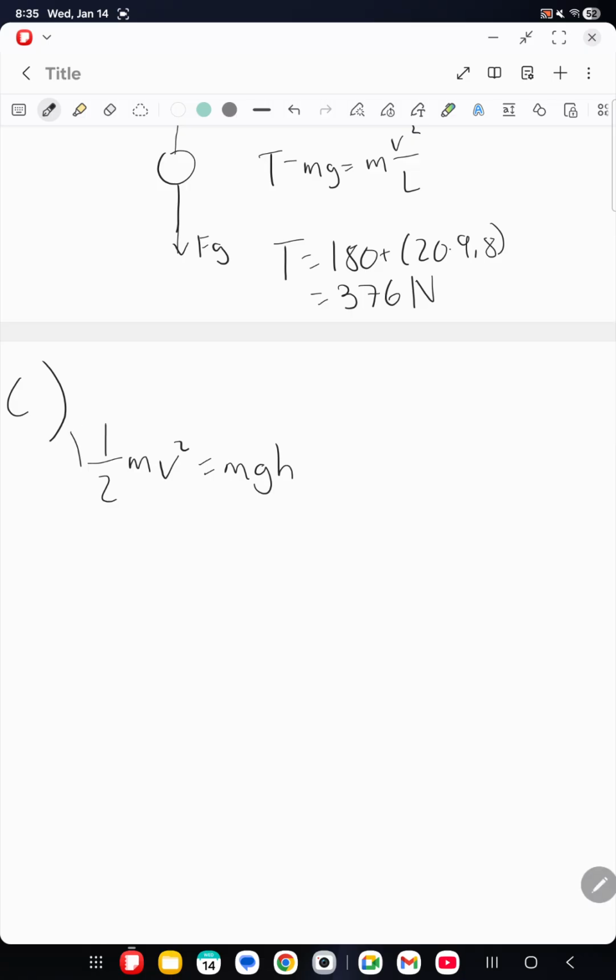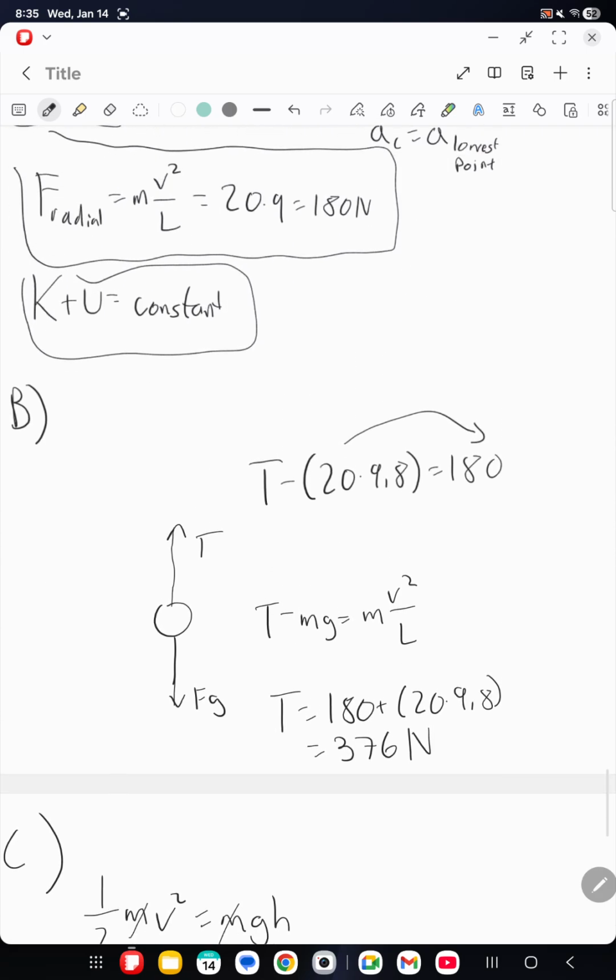So we'll have this equation, which arises because energy is constant. We could cancel m pretty easily, so we'll have v squared over 2 equal to gh. We just want to know h, which is a pretty trivial problem.